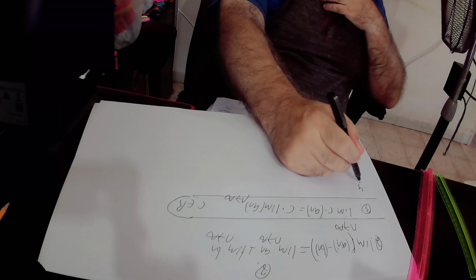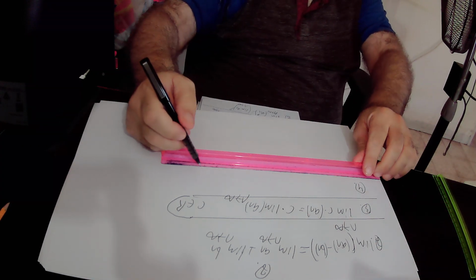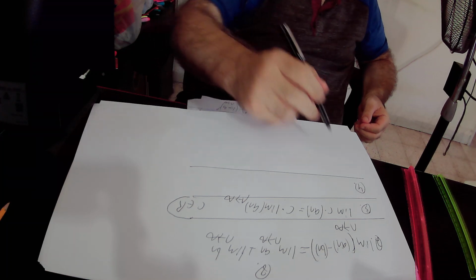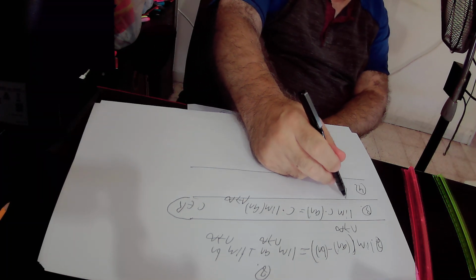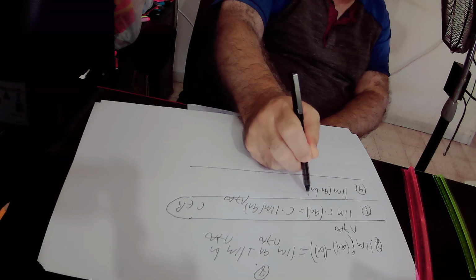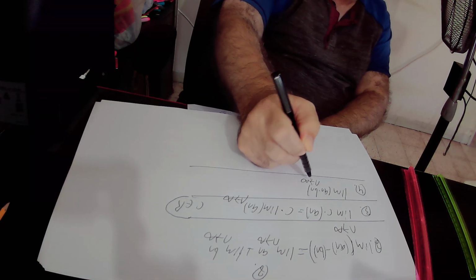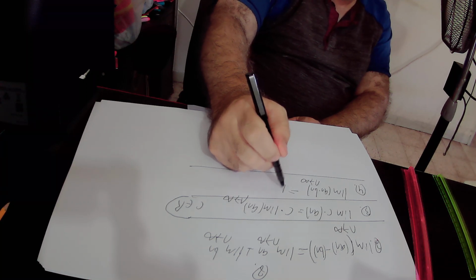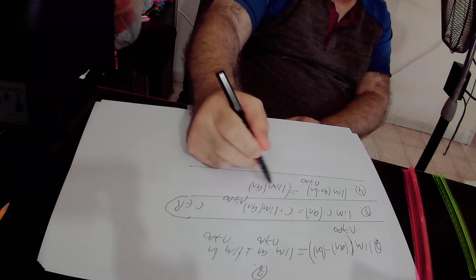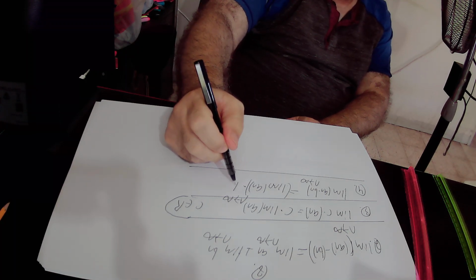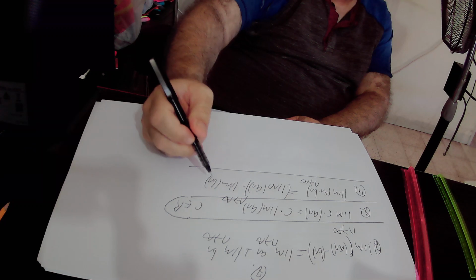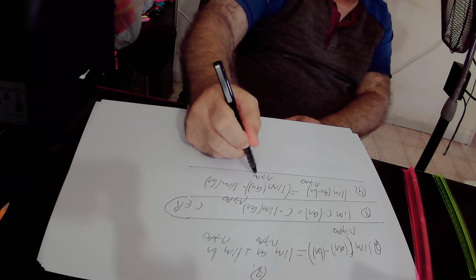We have also equation number 4. According to equation number 4, the limit of sequence an times sequence bn when n tends to infinity is equal to the limit of sequence an times the limit of sequence bn when n tends to infinity.